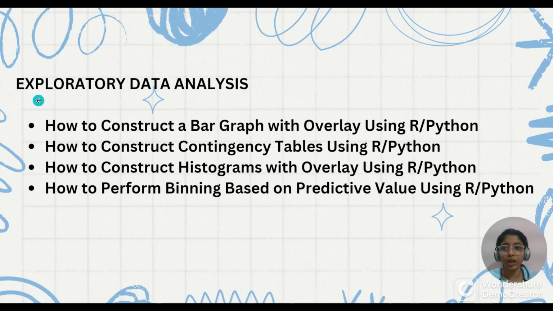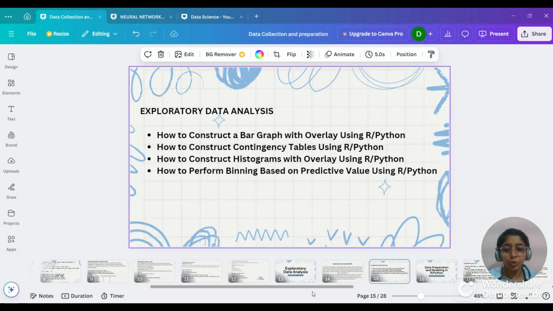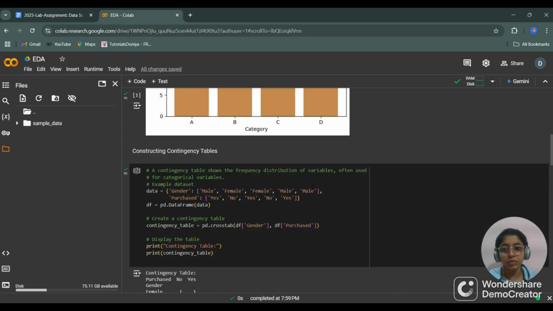In exploratory data analysis, we will learn how to construct a bar graph with overlay using Python, how to construct contingency tables using Python, how to construct histograms with overlay using Python, and how to perform binning based on predictive value using Python. Now let's move to the Google Colab so that we can perform these steps.